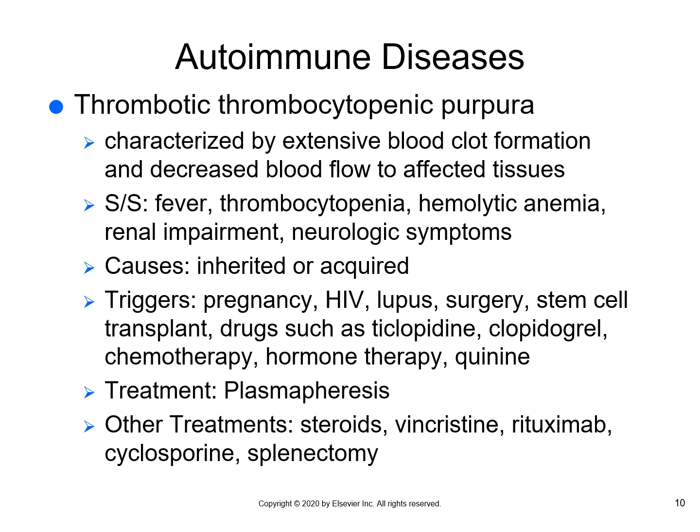So these four right here, if you see the commonality of them, is that their immune system is actually low, right? Stem cell transplant too, okay? And then drugs like ticlopidine, Plavix (clopidogrel), chemotherapy, hormone therapy, and quinine can actually cause thrombotic thrombocytopenic purpura.